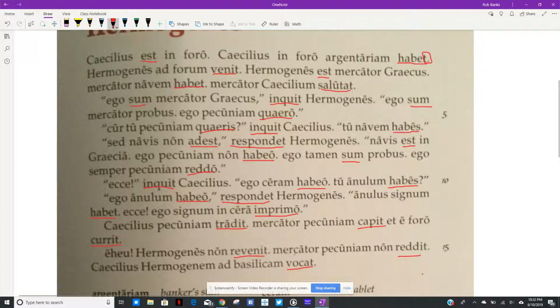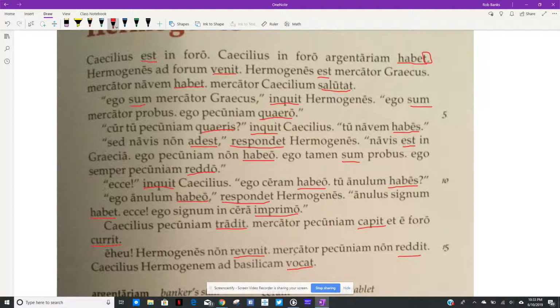"Tu anulum habes." So you have a ring? The question. So in English, you probably say, do you have a ring? "Ego anulum habeo." So I, ego, habeo, have anulum, a ring, responds Hermogenes. Anulus signum habet, the ring has a signum, a seal, a sign, something like that.